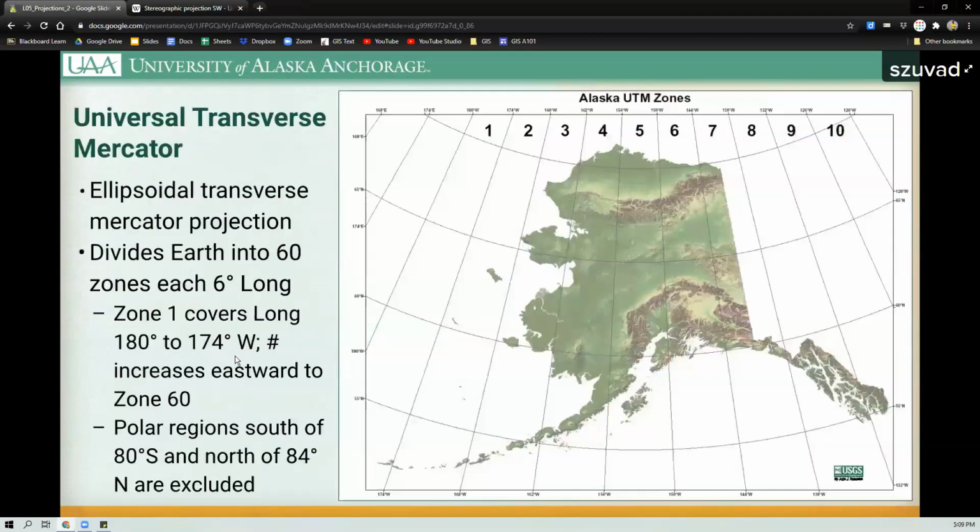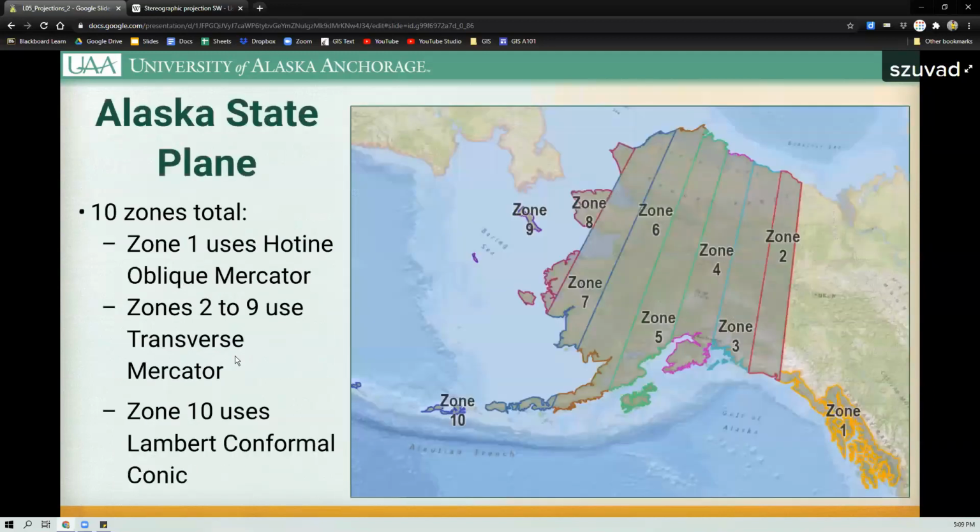In Alaska, oh, that's UTM, we'll come back to that. In Alaska, we have 10 different state plane systems. Southeast Alaska uses a Hotine oblique Mercator system. So again, it's a cylindrical system.